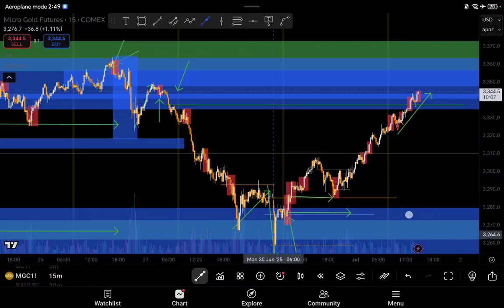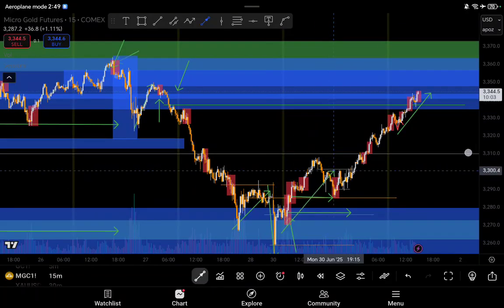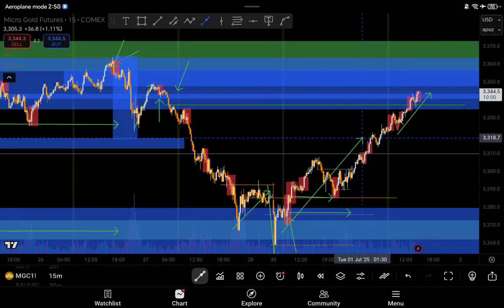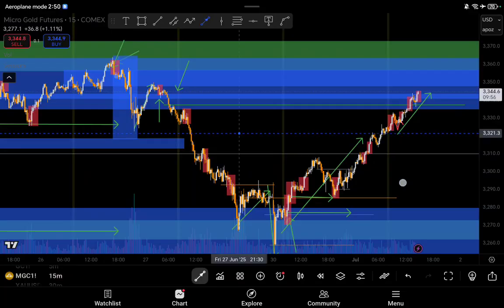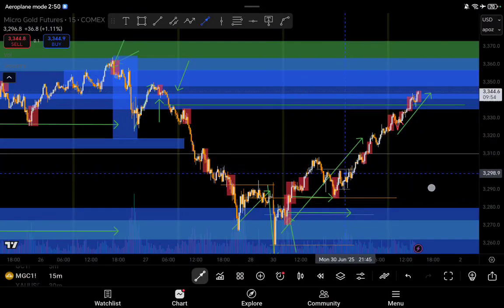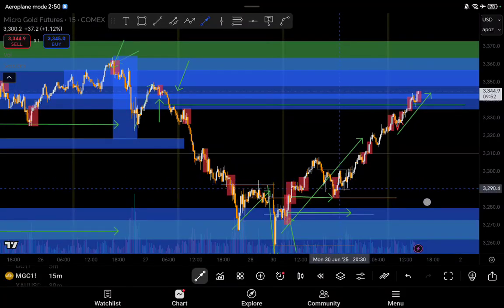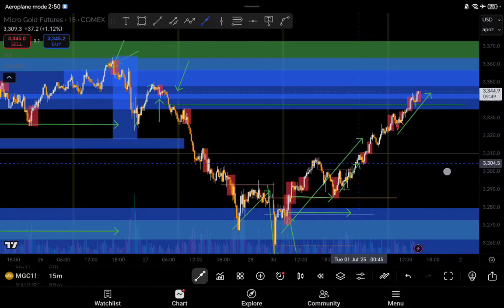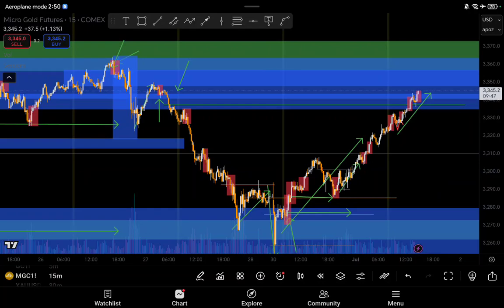You see, at 6 o'clock the market sold down into the buy zone, and then buyers picked up and it pushed up yesterday. At the New York zone over here, there's no seller. New York pushed up. So New York is buying, Asia is buying. So there's a very strong buyer that has entered the market to buy up the gold.